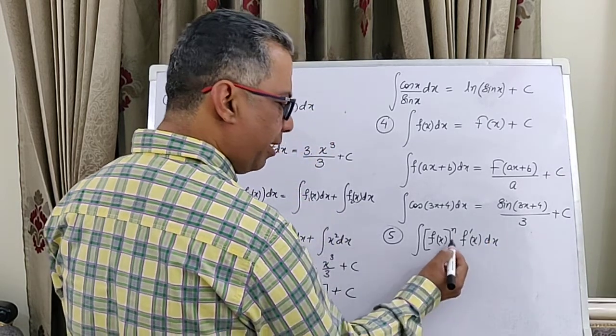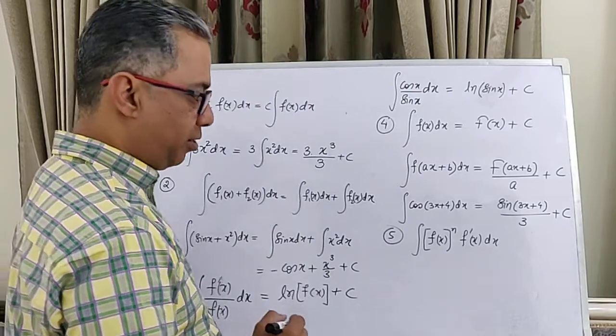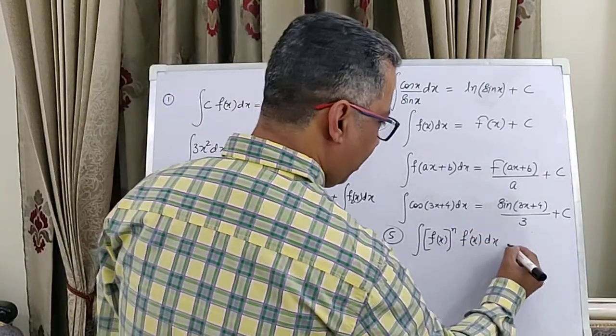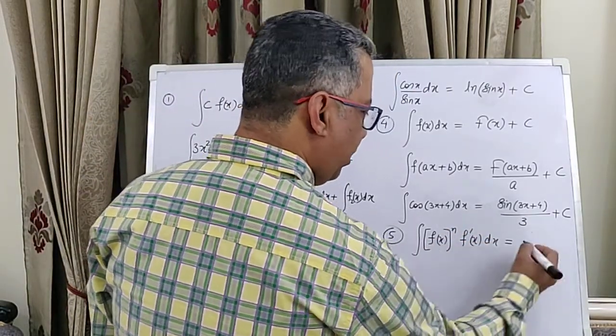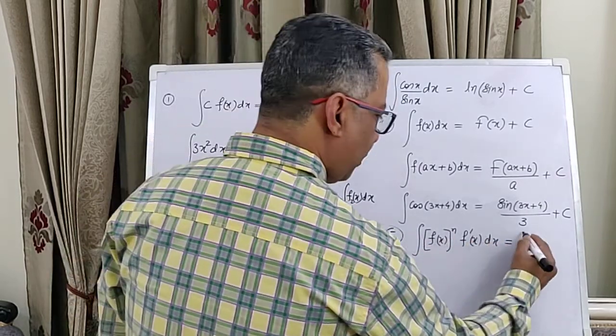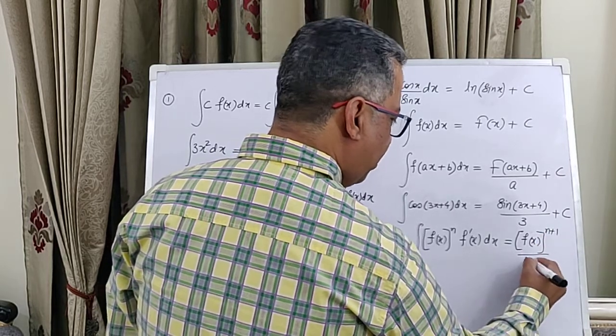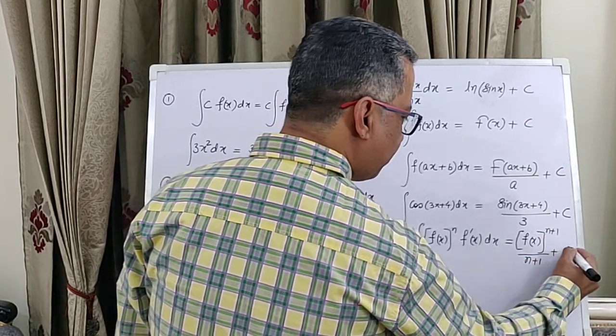So you have a function raised to the power n, and then you have a derivative of the same function times dx. The integral now will be f(x), this function, raised to the power n plus 1 by n plus 1, plus c.